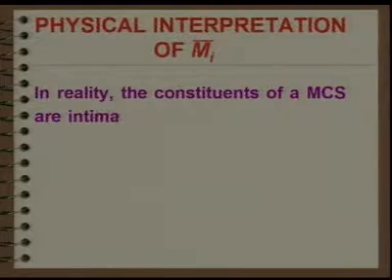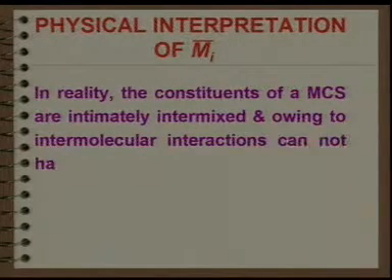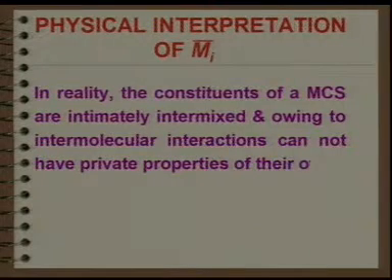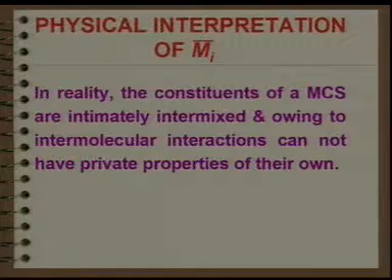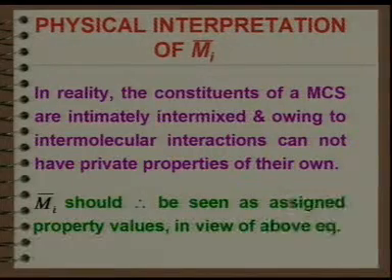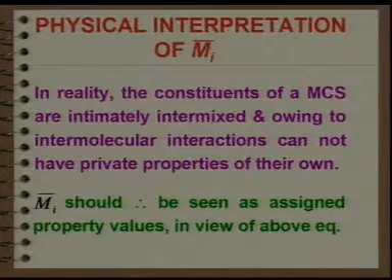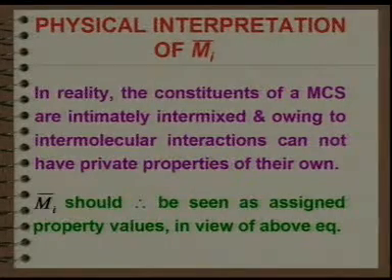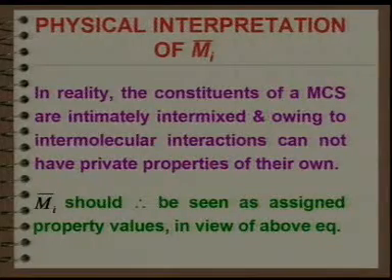In reality the constituents of a multi-component system are intimately intermixed, and therefore you cannot say these have individual properties of their own, but it is some sort of a mathematically assigned property for the sake of convenience. So, Mi bar should therefore be interpreted as an assigned property value in view of the earlier equation. Okay. So, these are the kind of physical interpretations which you can give of the partial molar property.